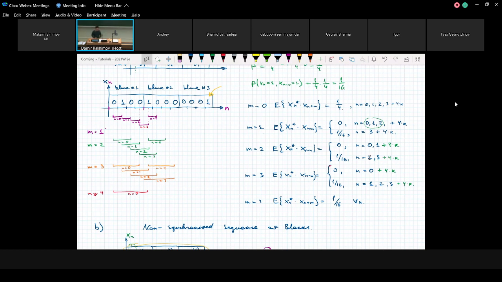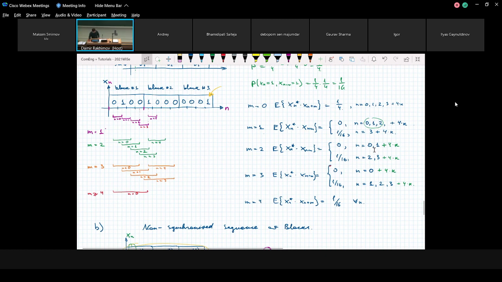Non-synchronized case means that you don't know if you are analyzing random blocks or the same samples within one block, so we have to take the average of this autocorrelation.